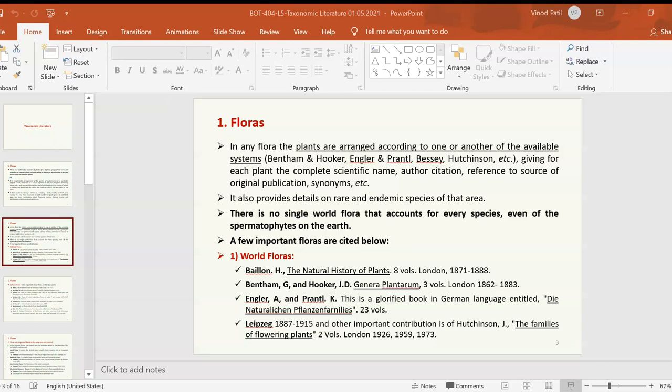But here, though the digitized flora, the e-flora, may consist of the exact location, that is latitude and longitude, personally, I think this has to be restricted.